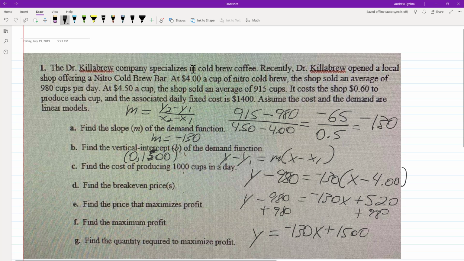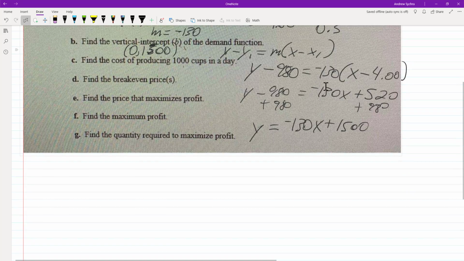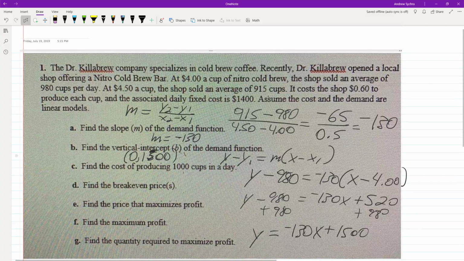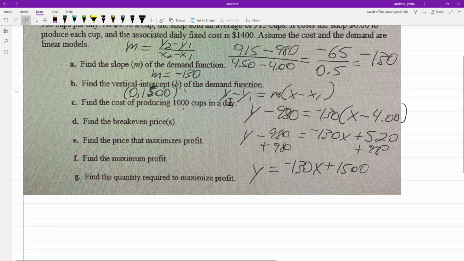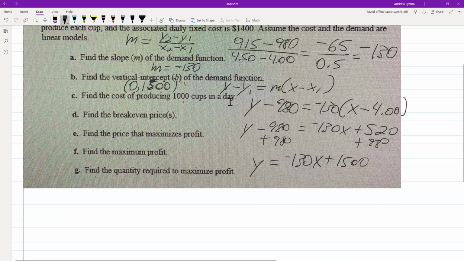So find the cost of producing 1,000 cups of coffee. So this is how many we sell there. So just the raw cost, if we look here, it costs the shop 60 cents to produce each cup of coffee, with an associated daily fixed cost of 1,400. Okay, so for C, it's going to be our cost function.